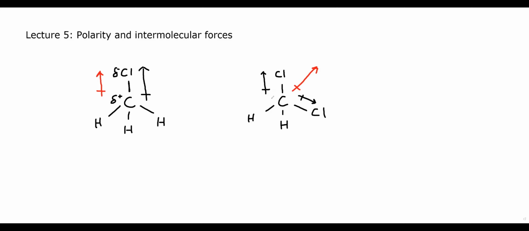So if one is pointing straight up, one is pointing down to the right, then the net dipole is pointing right in between the two, away from the carbon atom in between these two chlorines, because each chlorine is pulling electron density towards it, right? So the overall or the net dipole is simply the averaging of these two dipoles. Okay.